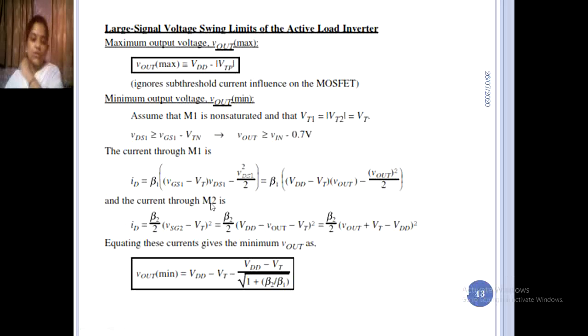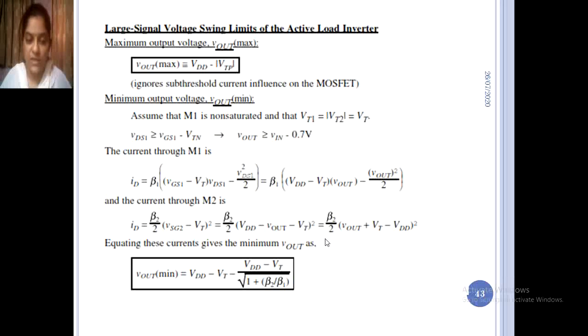The current through M2 is given by ID equals beta2 by 2 into VGS2 minus VT, squared. After putting the value of VGS2, that is VDD minus Vout minus VT, squared, this equals beta2 by 2 into the square bracket of Vout plus VT minus VDD.